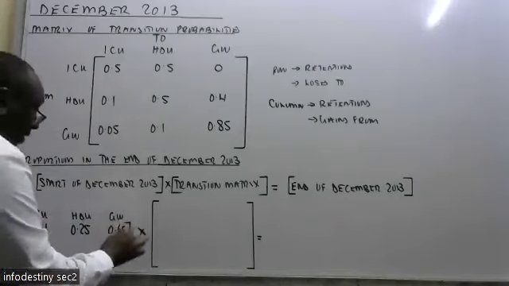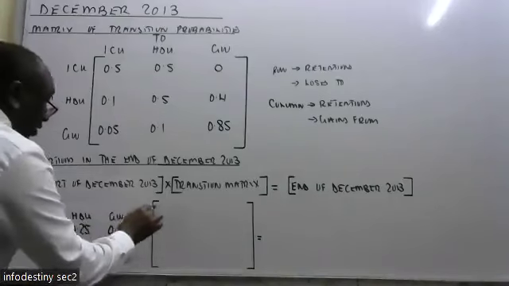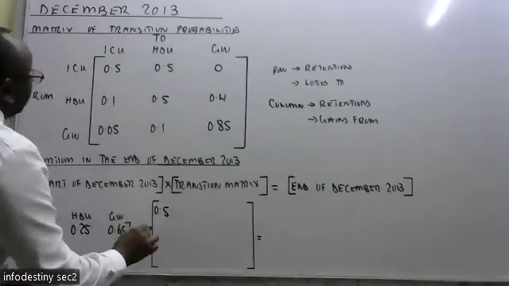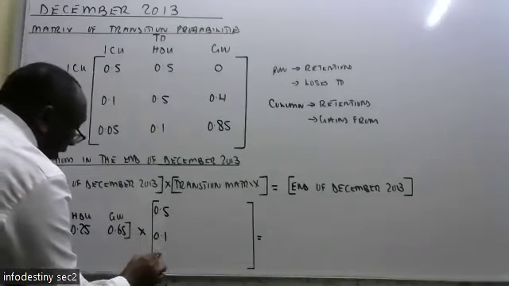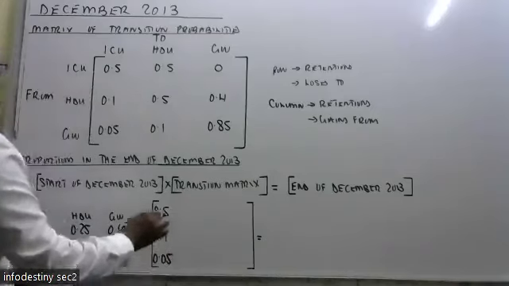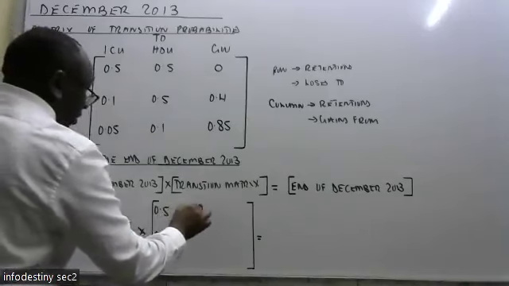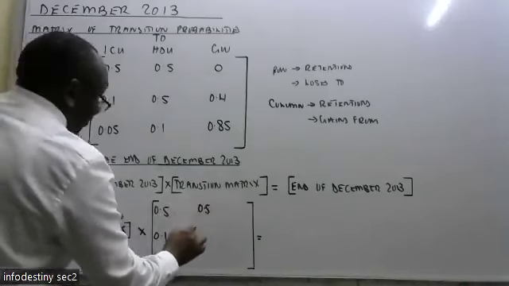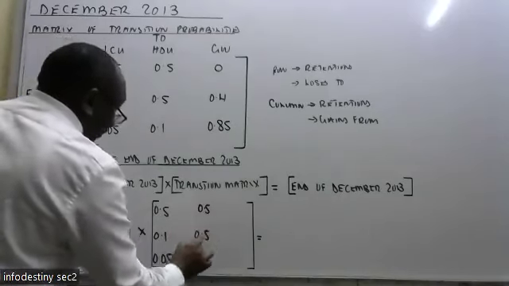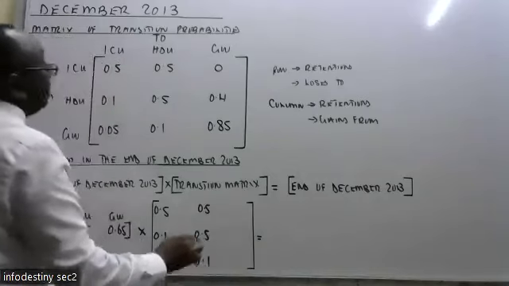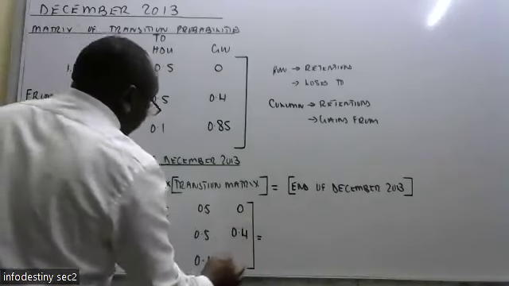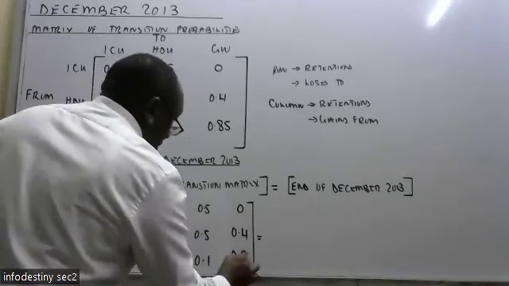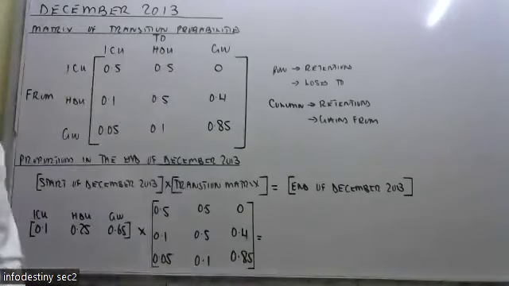So we multiply by the transition matrix, which is already here: 0.5, 0.1, and 0.05, 0.5, 0.5, and 0.1. We have 0, 0.4, 0.85.